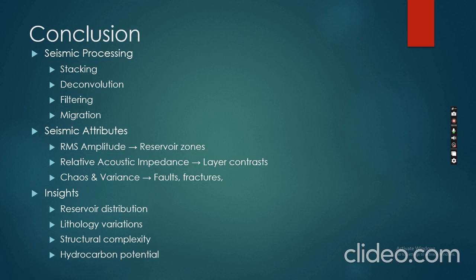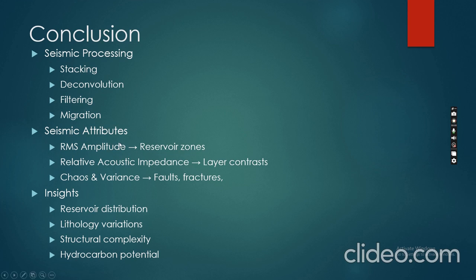So all in all, my study shows that seismic processing combined with attribute analysis provides a much clearer view of complex subsurface structures. By applying stacking, deconvolution, filtering, and migration, which are some of the main steps of seismic processing, the seismic sections were improved and ready for detailed interpretation.